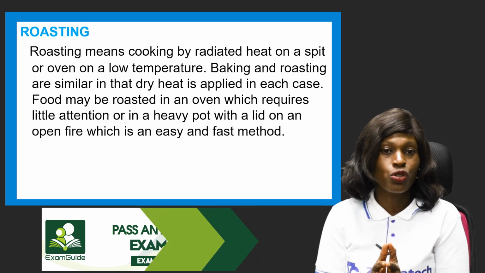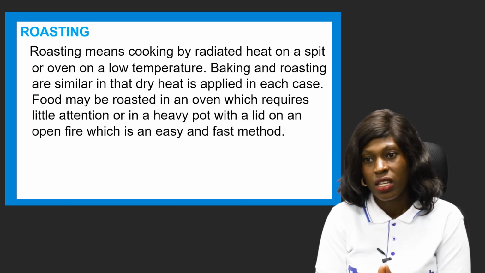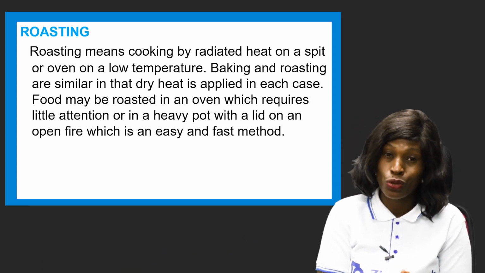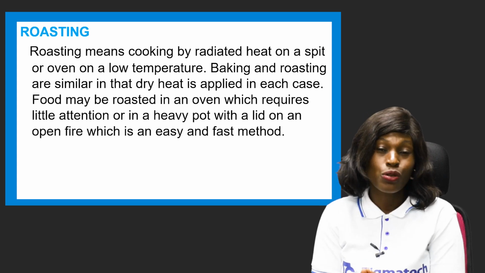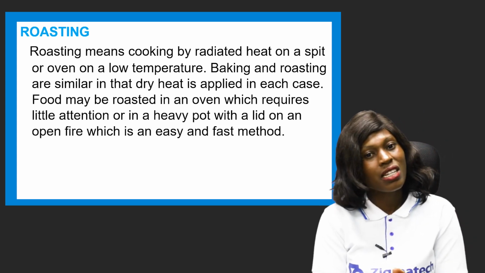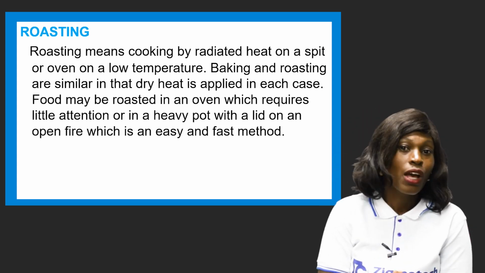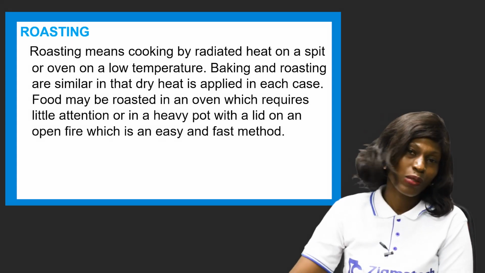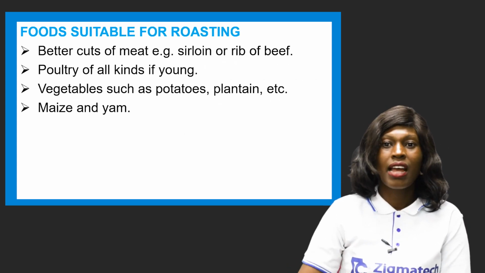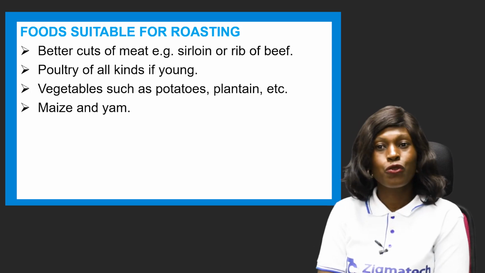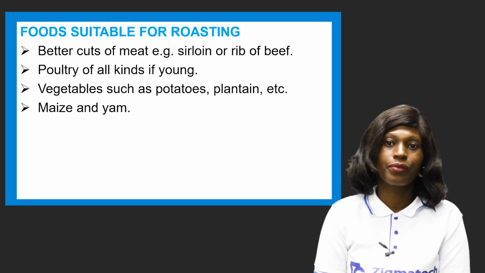Baking, where you have to do it in an enclosed space. I'm sure you are able to differentiate. So if they say, can you differentiate between roasting and baking and grilling, you would be able to explain in like manner.